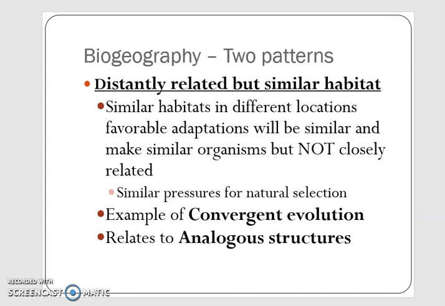So they all have wings because they need to be able to fly, or they all live in the desert, and so a plant has an adaptation that allows it to conserve water. That type of adaptation, while it might not be exactly the same in two different desert settings, is going to be similar because it's going to allow the plant to conserve water to be able to survive. This is also an example of convergent evolution, where you have different ancestors converging and becoming more similar.